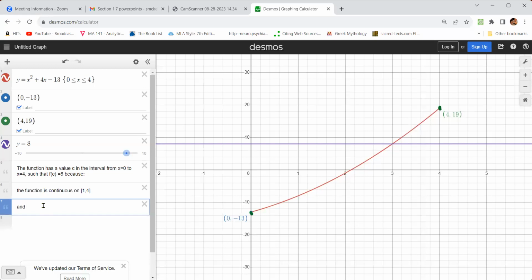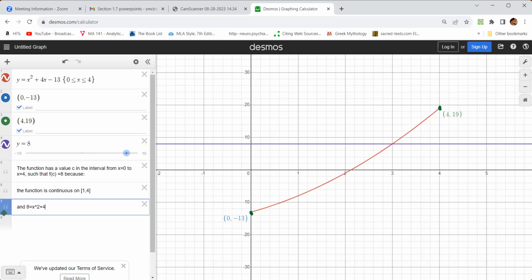I'm trying to show that y is supposed to be 8, right? So I'm going to write 8 is equal to x squared plus 4x minus 13.